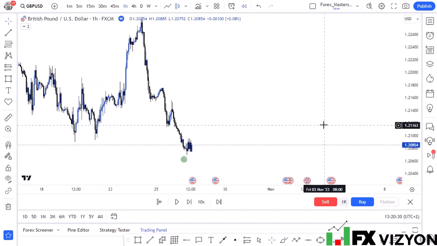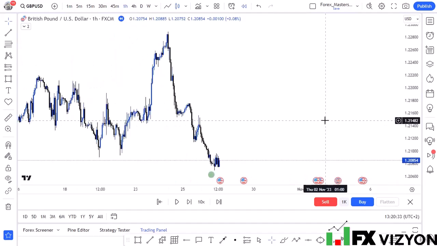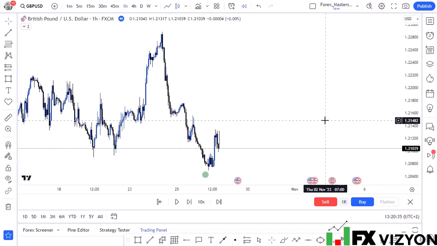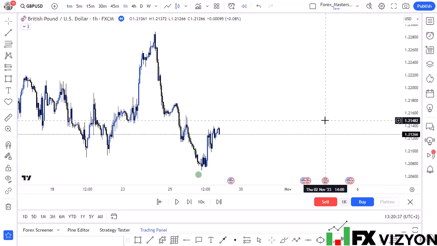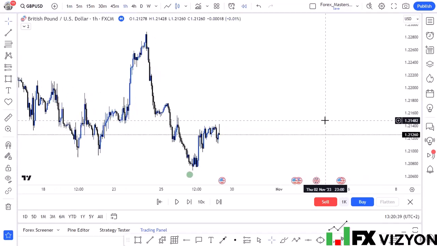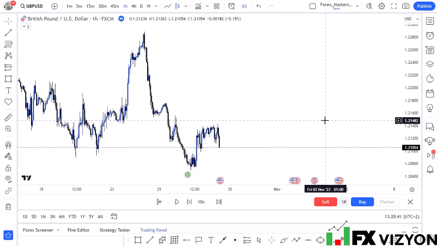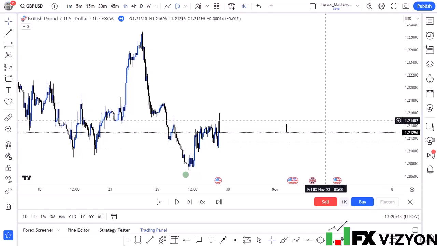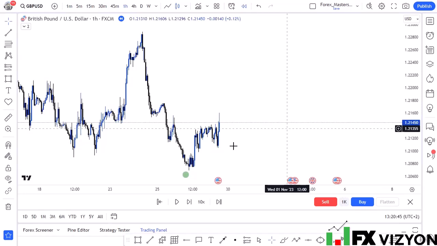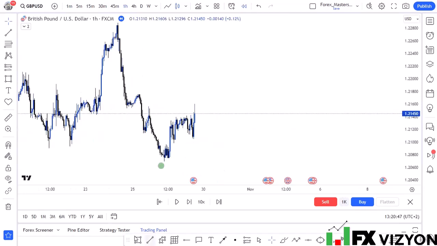So let's assume now that the market begins to push to the upside. All right, so you're able now to see what is being created right here. We have the market creating structure inside.